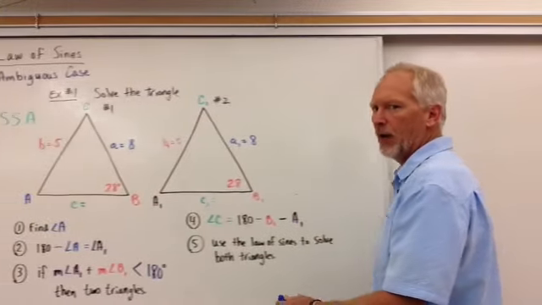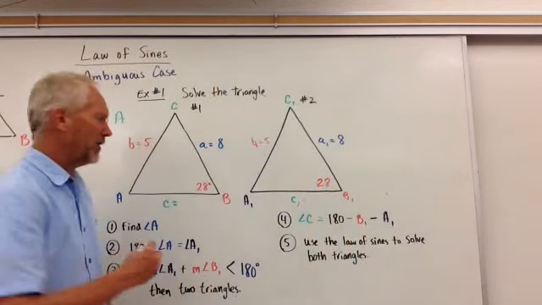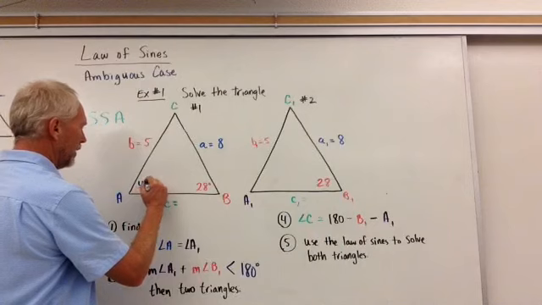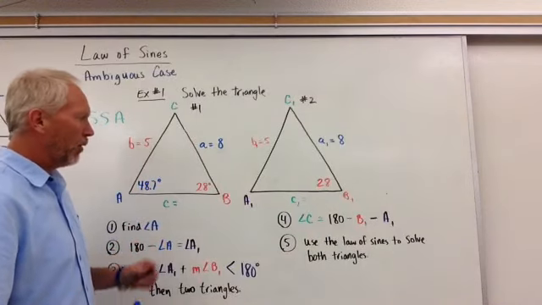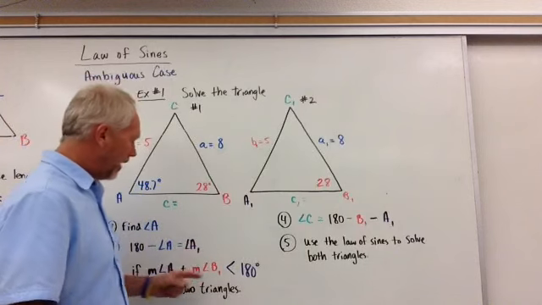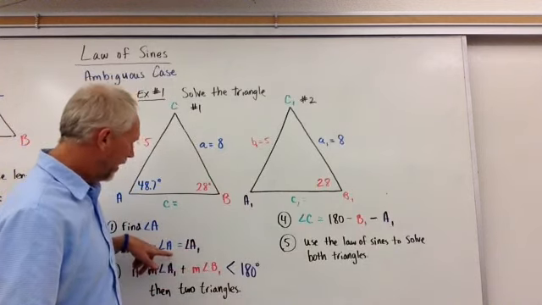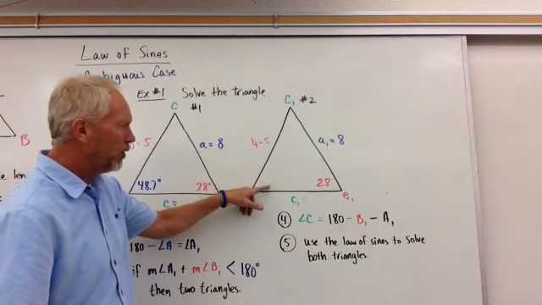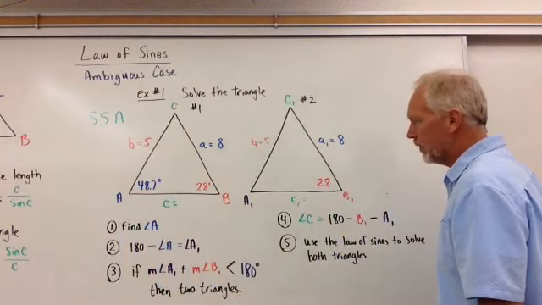I'm going to come back over here now and list this as 48.7 degrees. Now, I'm going to take 180 minus angle A, and I'll get my new angle A. So let's see how that turned out.